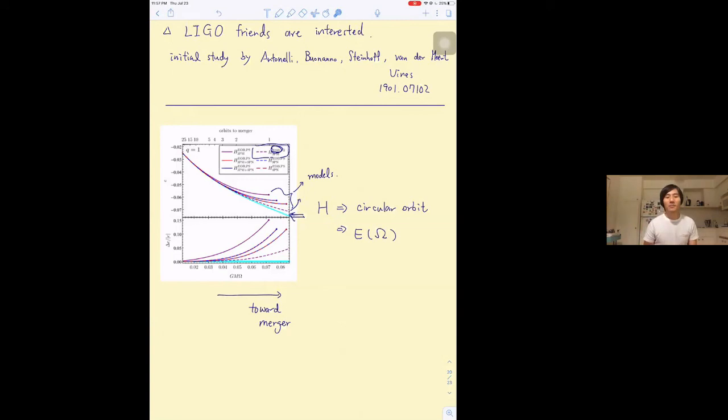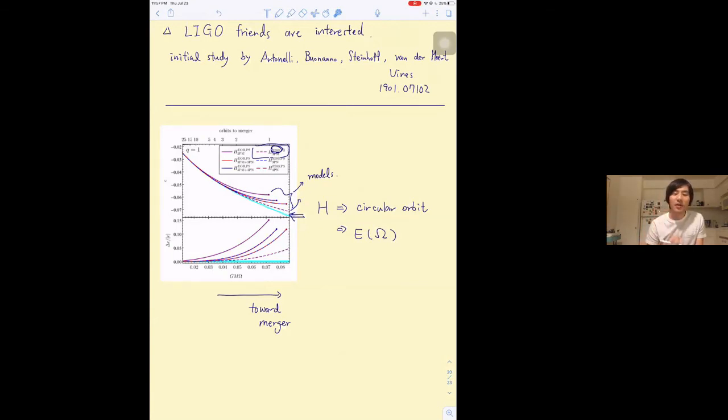And also one big assumption here is that you only use the conservative Hamiltonian. Namely, in this particular plot, they don't include the radiation. What they do is actually just calculate the binding energy for different orbital frequency, and effectively they treat this as adiabatic.